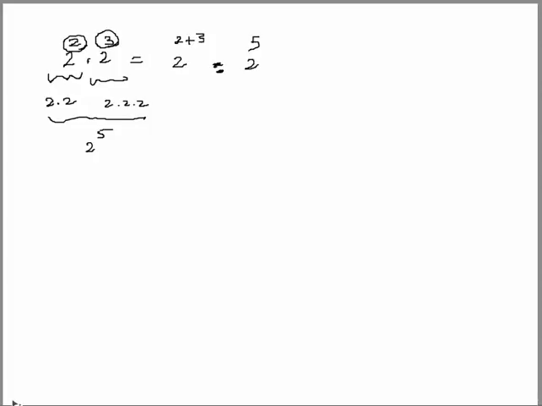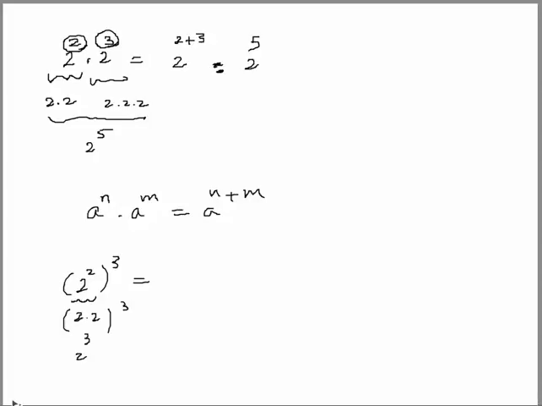So in general, if I have a to the power of n times a to the power of m, that would be a to the power of n plus m. However, if I have 2 to the power of 2 to the power of 3, here I have 2 2's inside the parentheses. If I raise this to the power of 3, each of those would be to the power of 3.